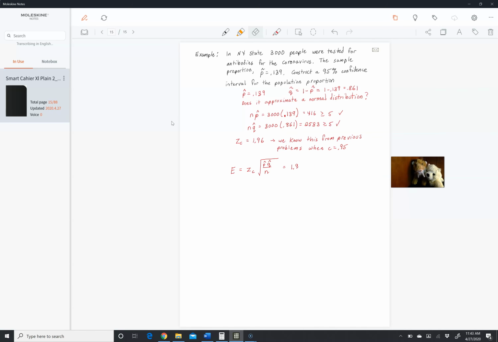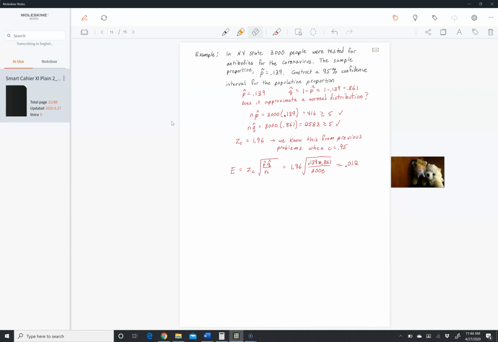So it's 1.96 times the square root of 0.139 times 0.861 over 3,000. And if we plug this into our calculator, we get 0.012.